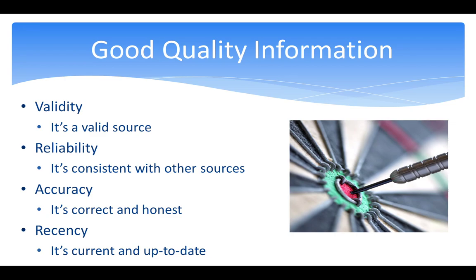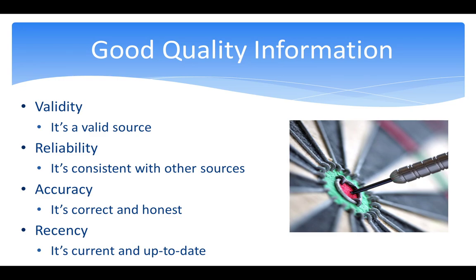When we look for consistency, we normally look for at least 3 reputable sources that are pretty much dancing to the same beat. We look for accuracy, that is that it's correct and it's honest. So remember, we talked about the fact that information can be correct, but if you retain information, like if you don't share all the information and you retain some of it to yourself without sharing it, it might be correct, but it might be misleading.